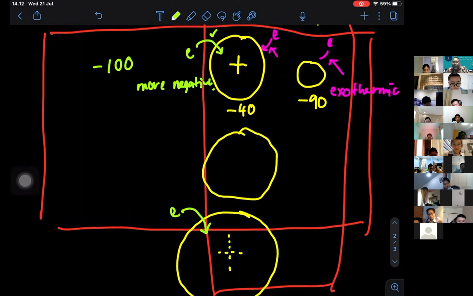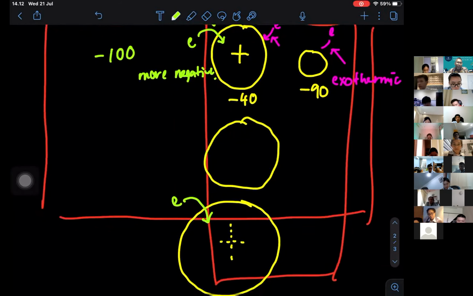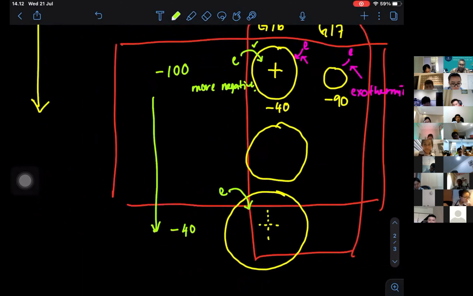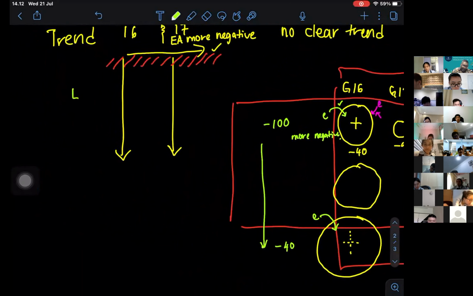If the top is more negative than the bottom, maybe the bottom is -40. So if you look at the trend, you can come up with a conclusion: as you go down, the EA for group 16, 17, maybe 15, is going to become less negative.